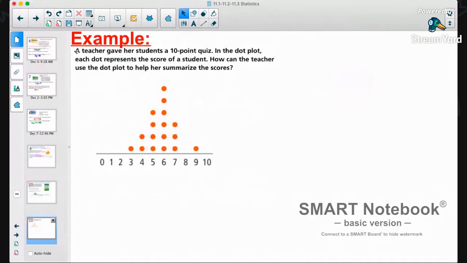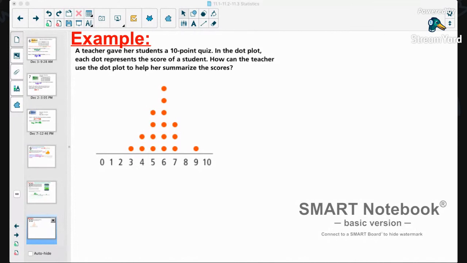Example. A teacher gave her students a 10-point quiz. In the dot plot, each dot represents the score of a student. How can a teacher use the dot plot to help her summarize the scores? First of all, ladies and gentlemen, these dots represent one student's score from the quiz.